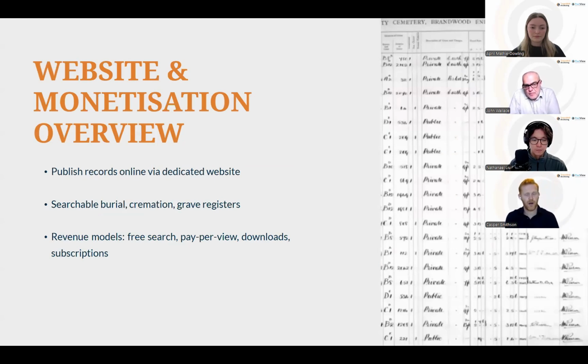So if we jump onto the next slide quickly. The next part, once the data is in PassView and is available, is publishing this onto a website. Often it's the case that you might not want to publish all of the data that goes into PassView. As Nathaniel mentioned, some of it might be redacted and sensitive, and therefore not published online.